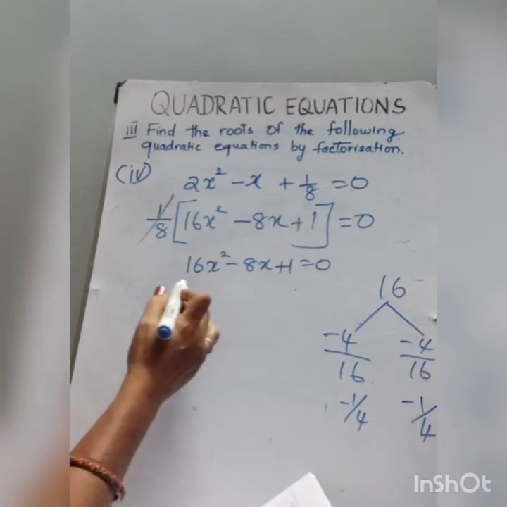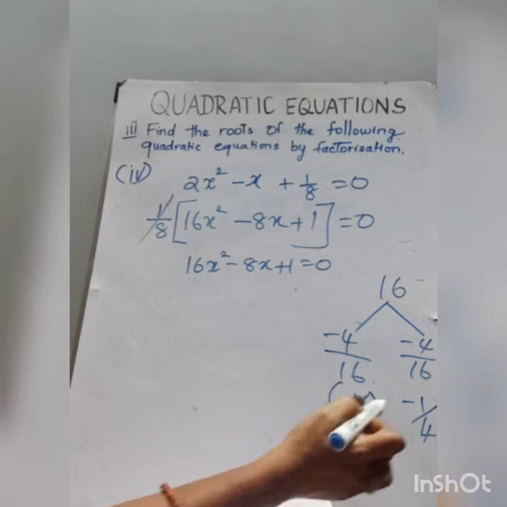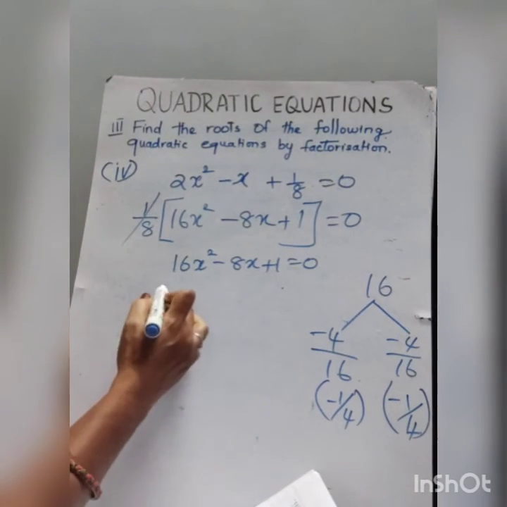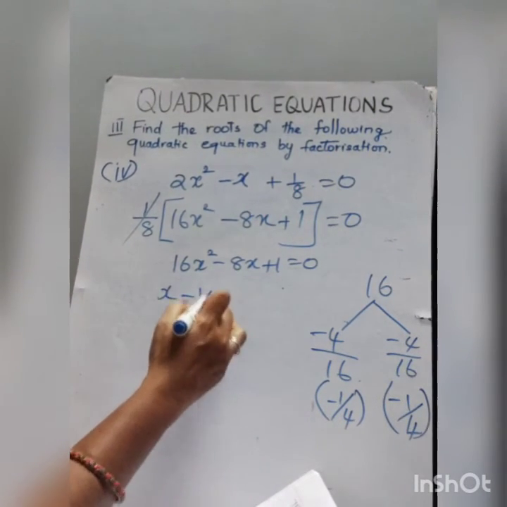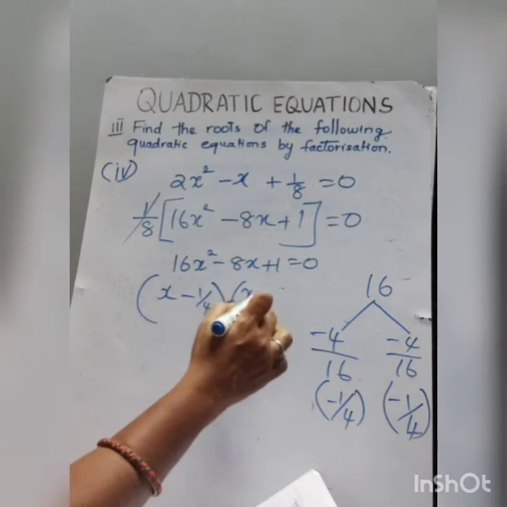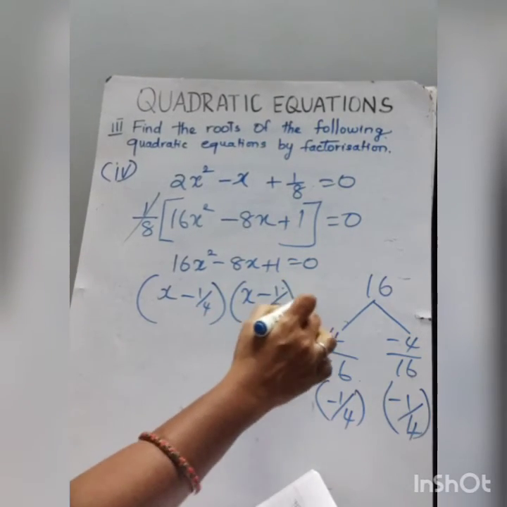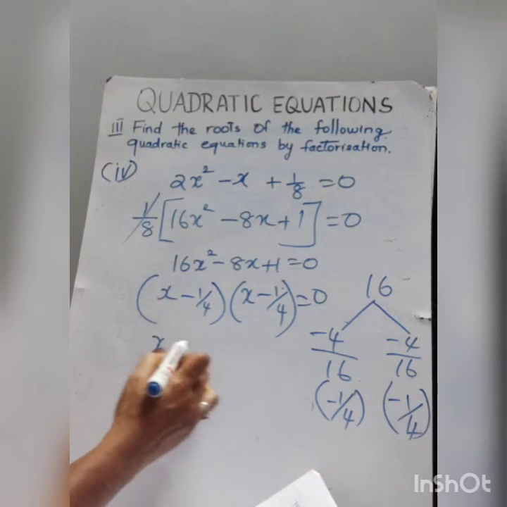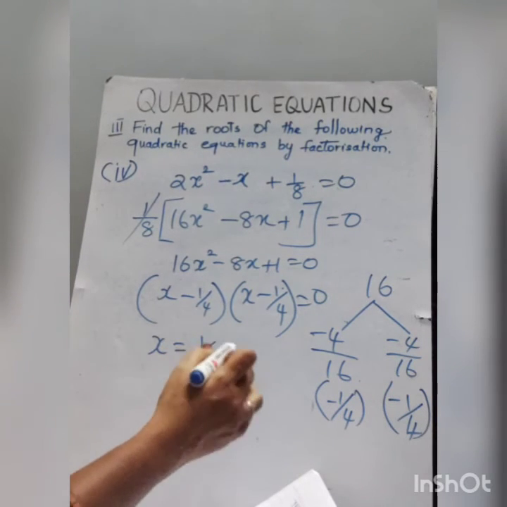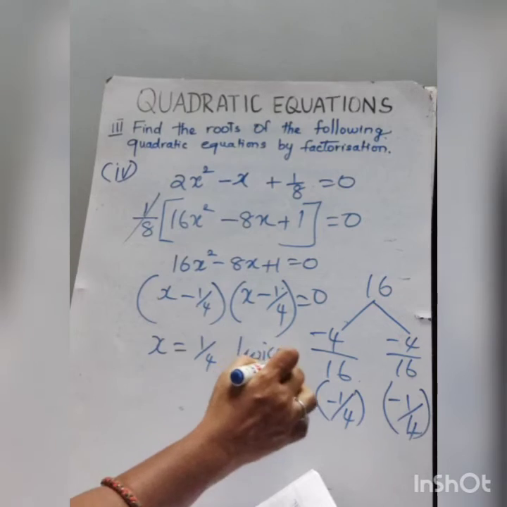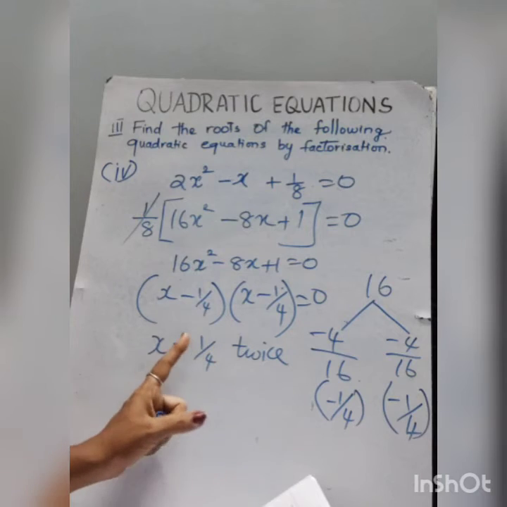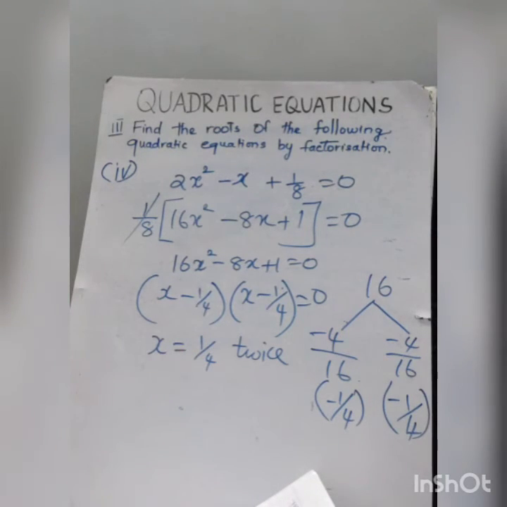So simply I can take these two factors, x minus 1 by 4 and x minus 1 by 4 equal to 0. When I equate this to 0, I will get x is equal to 1 by 4 twice. So the roots of the equation are 1 by 4 and 1 by 4.